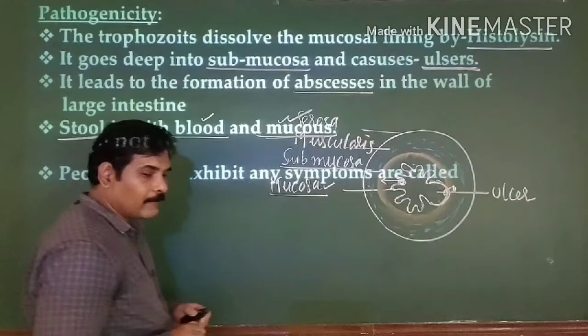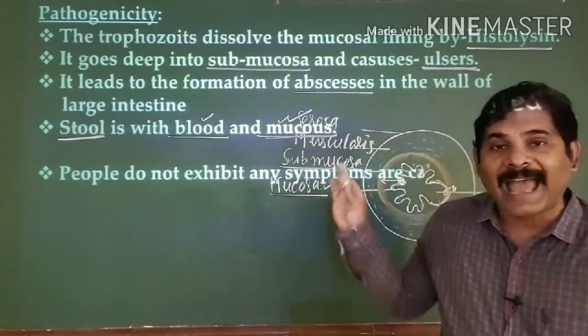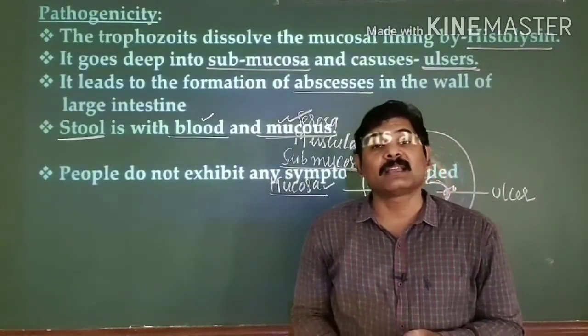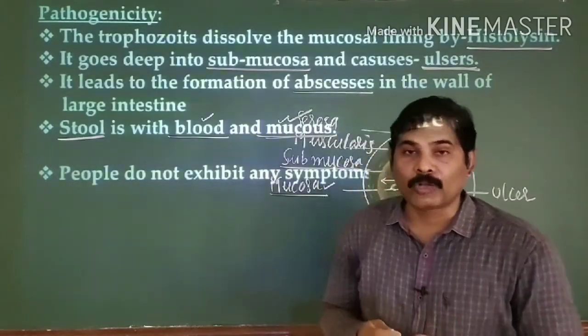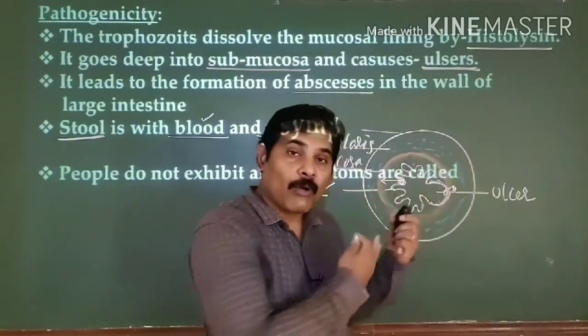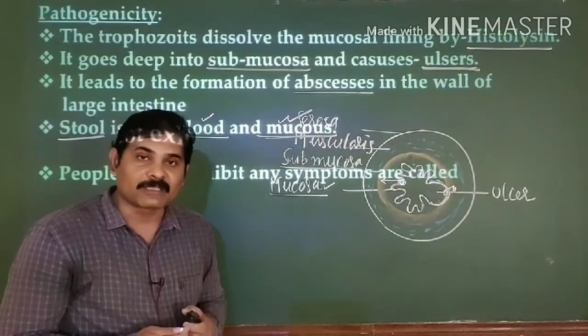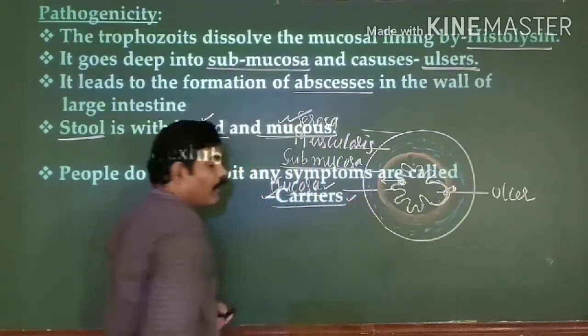But very interestingly, some of the infected persons will have this in their intestine but do not exhibit any kind of symptoms. This is a very important point. The persons who have got these things in their body but do not exhibit any symptoms are known as carriers. It is an important point.